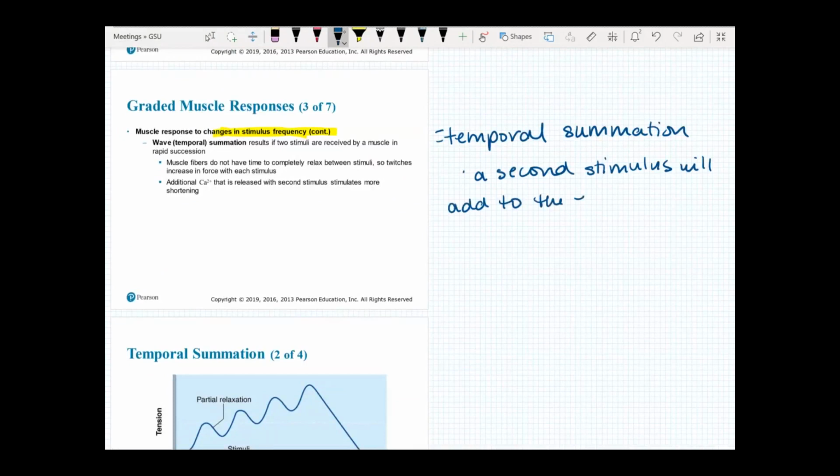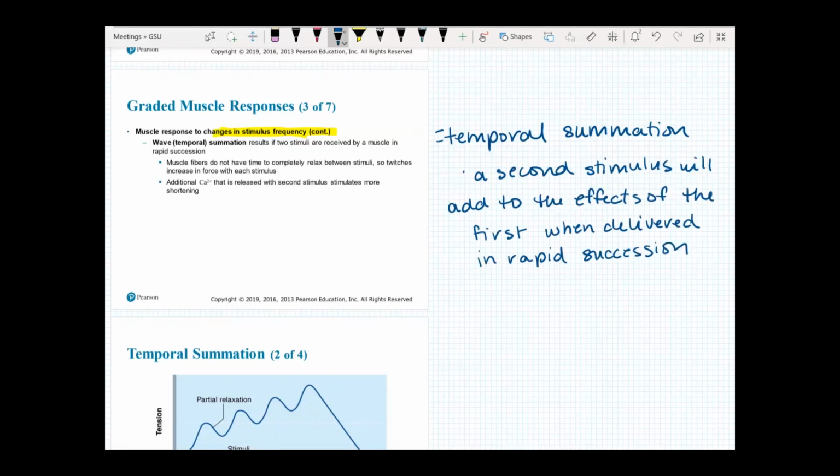So it's summative. And this will really only occur when they are delivered in rapid succession. So they have to be pretty close together in order to get this temporal summation. It doesn't work if you tell it to go and then 5 minutes later tell it to go. It needs to be go, go, go, go, go.